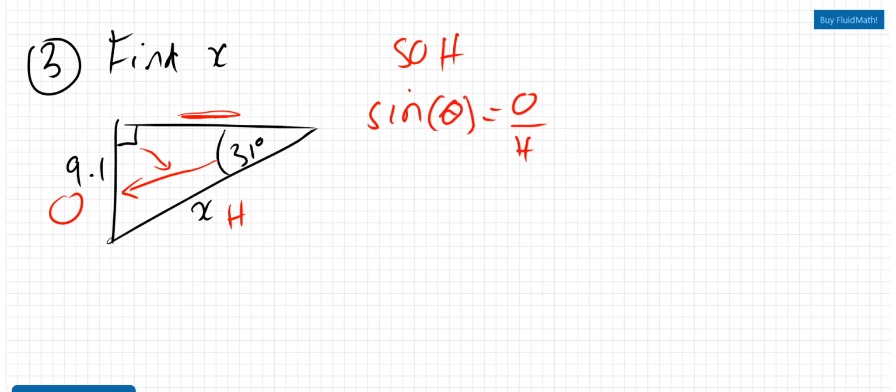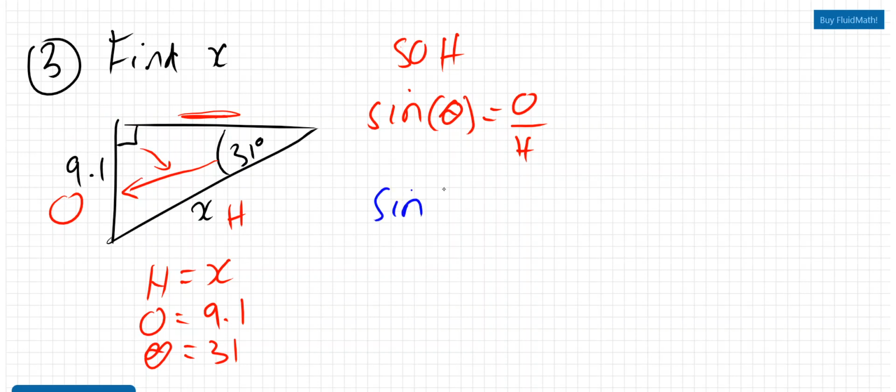So write that out. And now let's substitute our values. I'm just going to state them here. So H is going to be X, O is going to be 9.1, and my angle is going to be 31 degrees. Okay, so I sub them all in. So I've got sine, and in there goes 31.